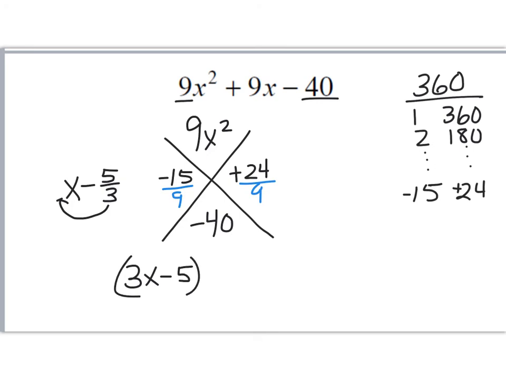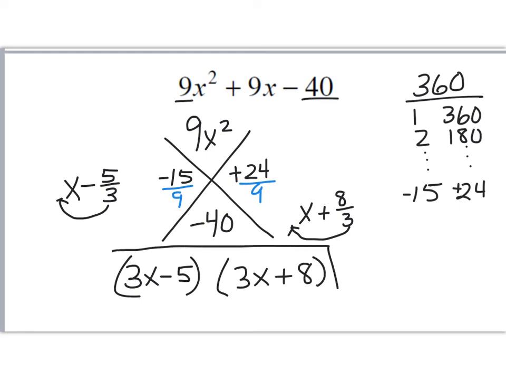And then on this side, I'm going to have x plus, 24 and 9 can also be divided by a 3, so that looks like an 8/3. And I'm going to bring this 3 right there and make that 3x plus 8.